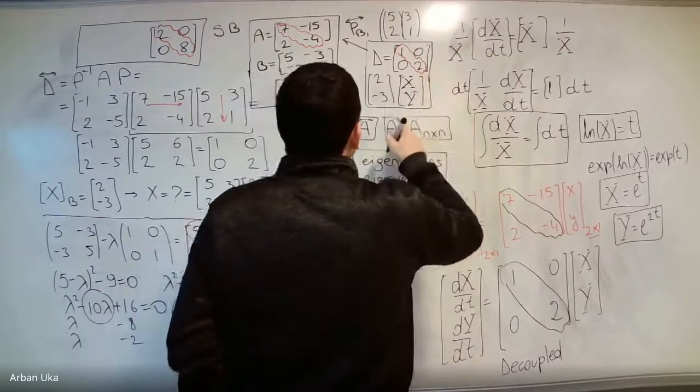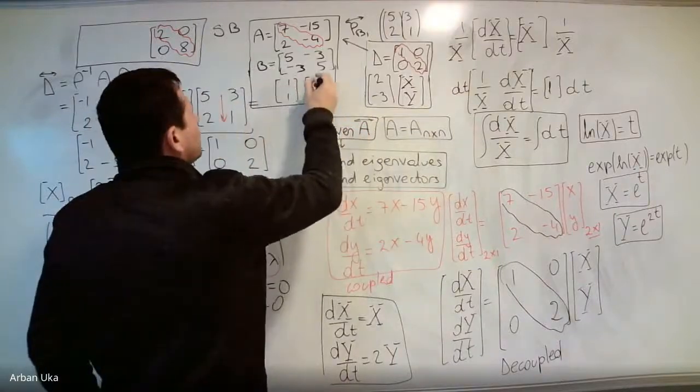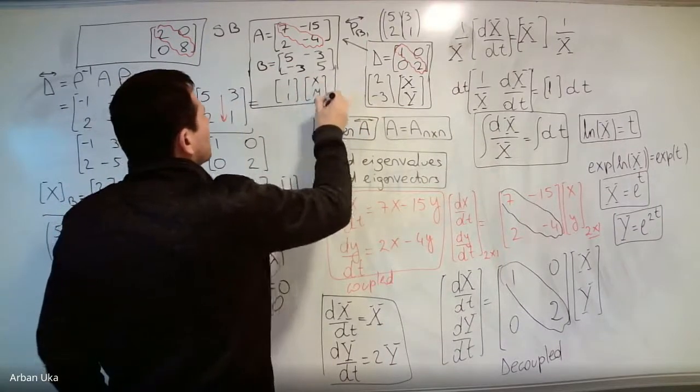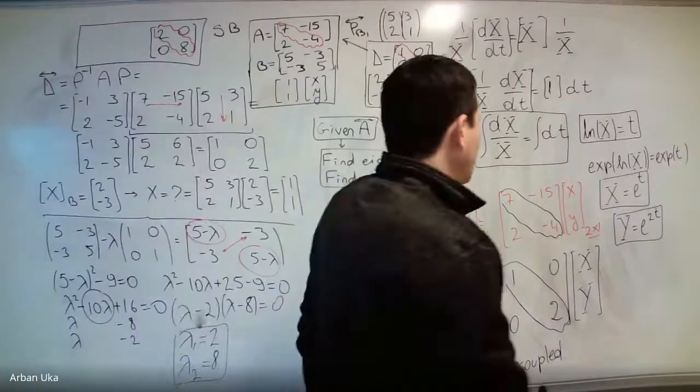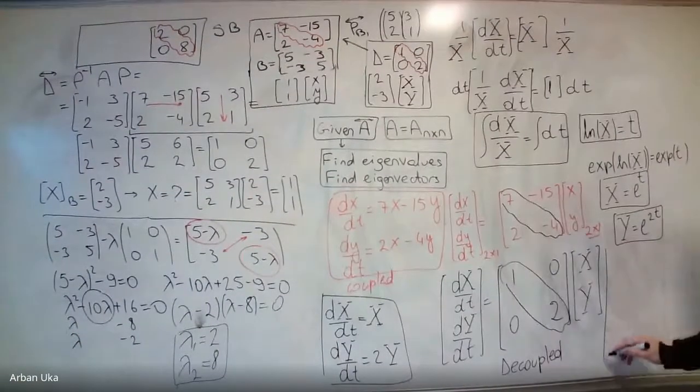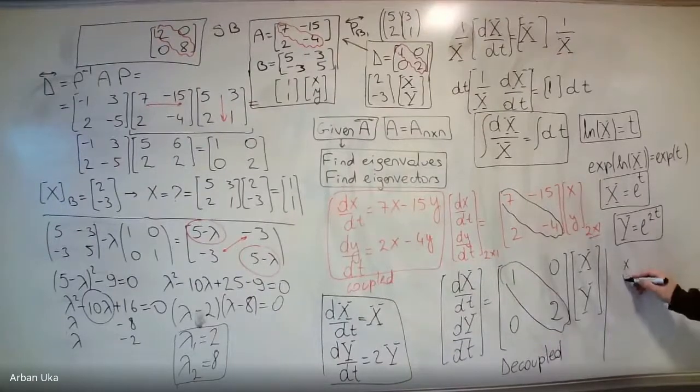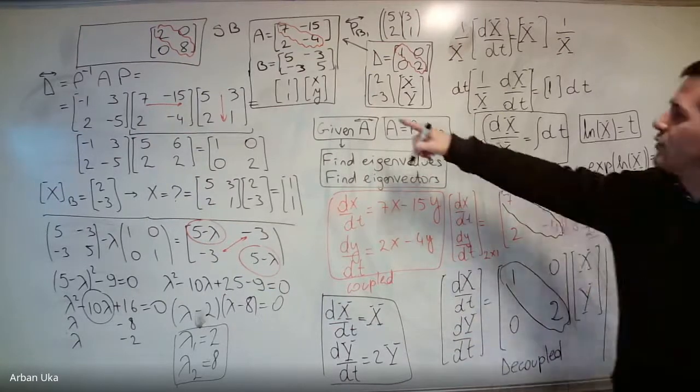Okay? Now, what remains for us is to find this little x and little y in the standard basis. How will we do that? In order to find the little x and y, how can you find this?